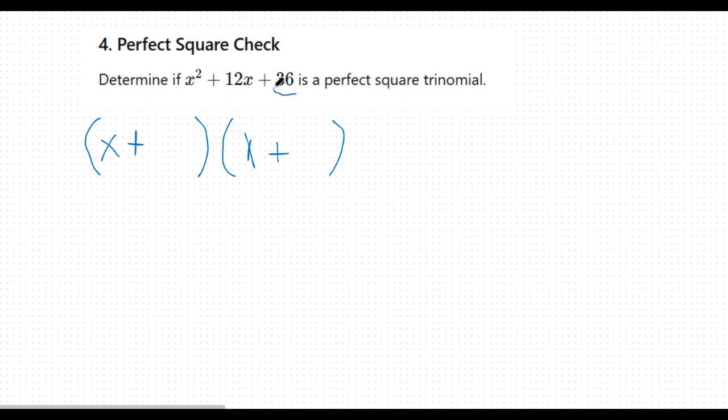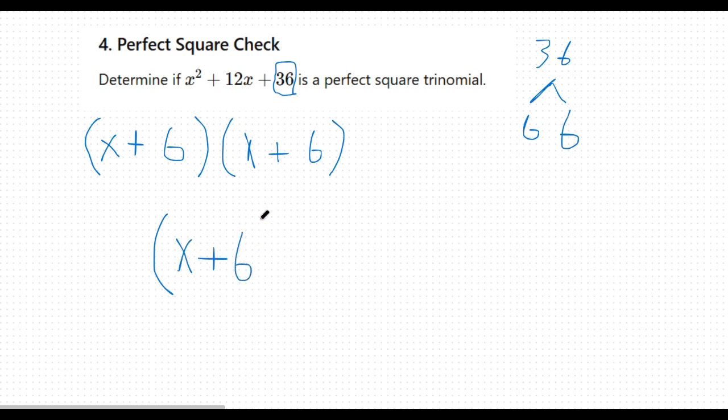A good hint on a perfect square trinomial is to check the last term, the c term: is that a perfect square? We know that 36 is a perfect square because 36 breaks into a number times itself, 6 times 6. So what that tells us is that it is a perfect square trinomial. The form of that perfect square trinomial is x plus 6 times x plus 6, and it can also be written as x plus 6 squared.